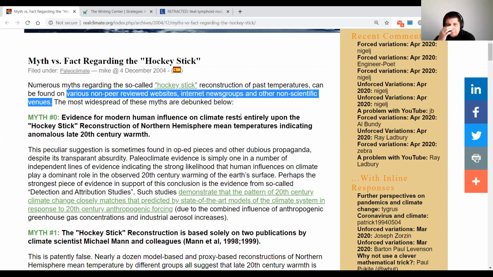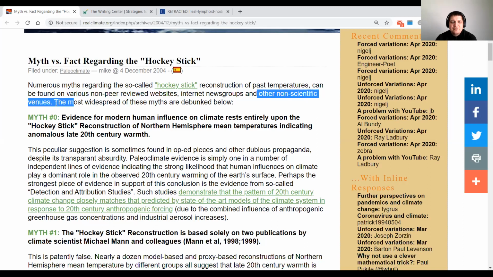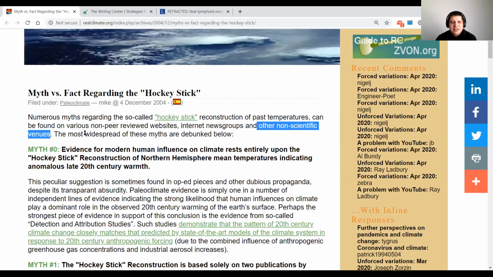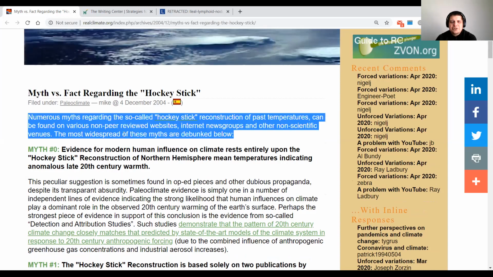Is this reliable? Internet news groups don't really exist anymore, but think about Reddit here. It's basically the same concept. But the scary part is this last term, other non-scientific venues. So if he is the real climate scientist, then this is the source of the myths here.